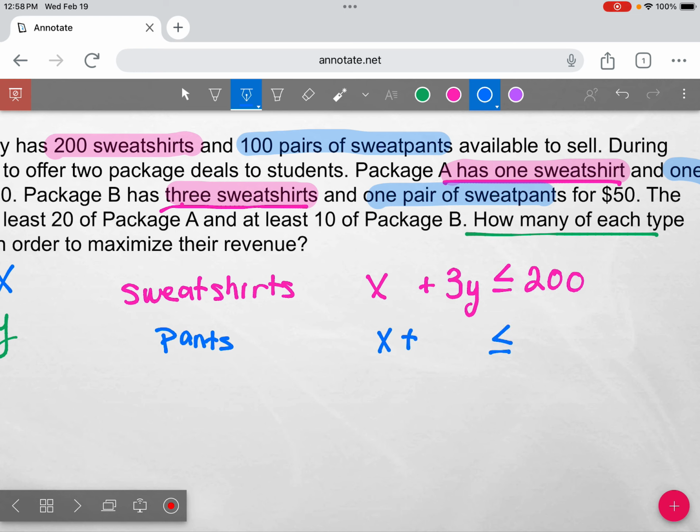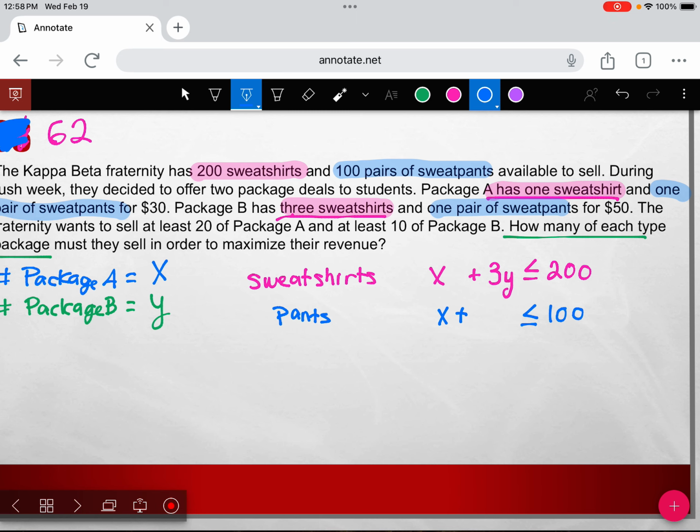Less than or equal to our 100 that we have. I heard a couple of different things for our Y piece. I heard X plus Y less than or equal to 100. I'm with you on that one. What's going on with our package B and the sweatpants? How many do they each get? 1. So it's just going to have our 1Y. They only get 1 pair of sweatpants with that.